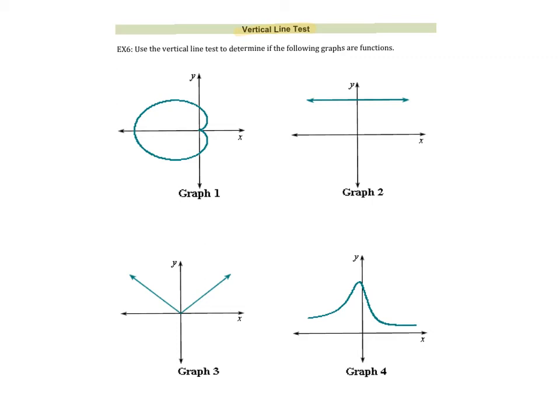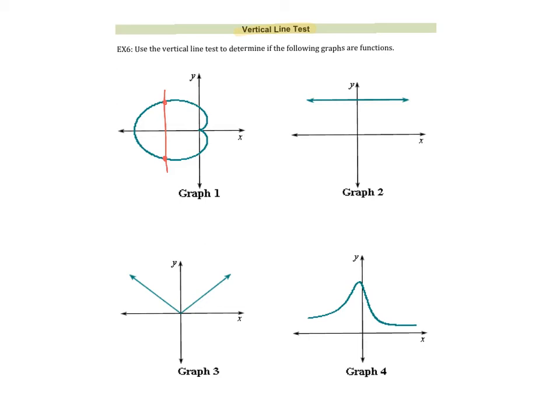So in graph 1, is this a function? No, it's not a function. I can draw a vertical line that passes through 2 points. So a function, at most 1 point. Not a function, 2 or more points.